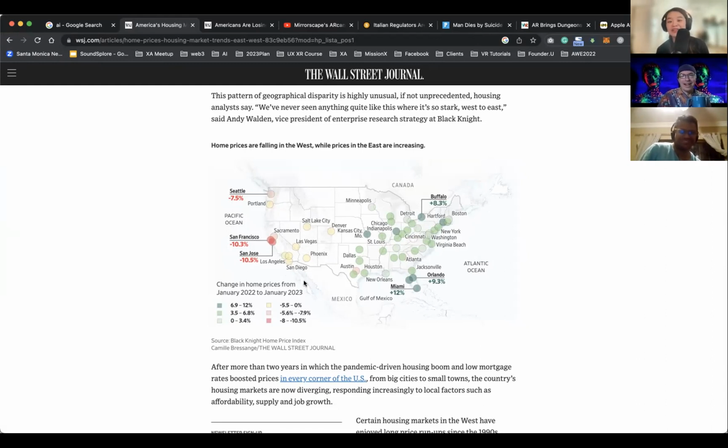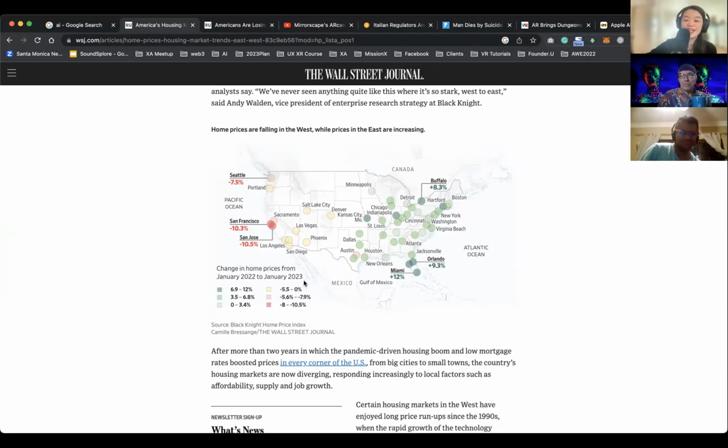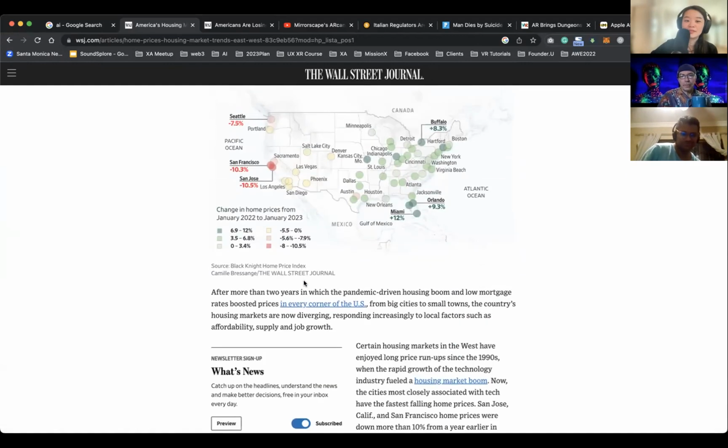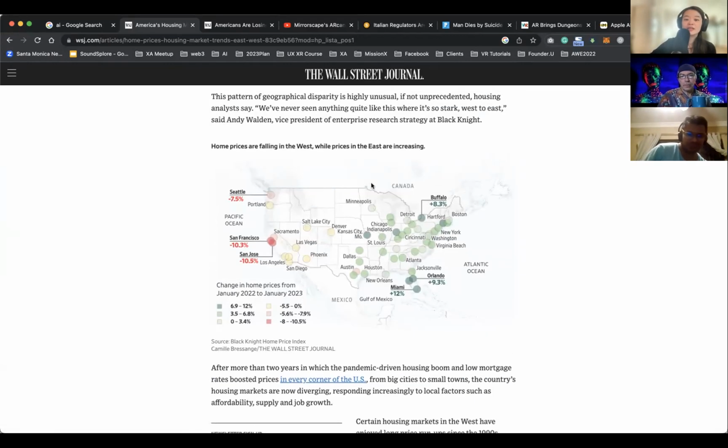But it's just interesting to see that the housing starts reflecting the economic system, right? And it doesn't really mean that it fully reflects, but for example, people can still work remotely.